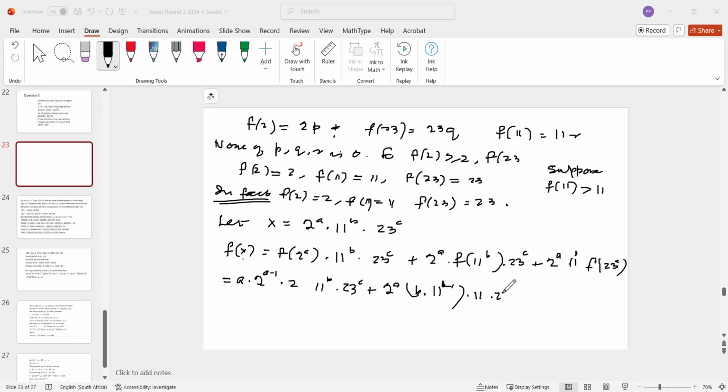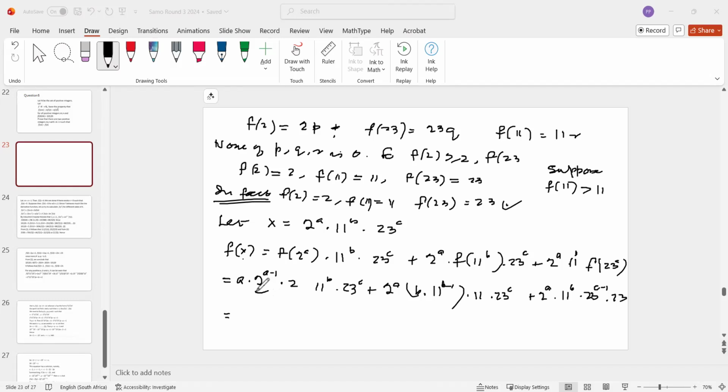And you have 23 to the power of c. And here you have got 2 to the a, 11 to the b, and 23 to the c minus 1, right? Times f of 23, which we know is 23, right? Because we've got those.